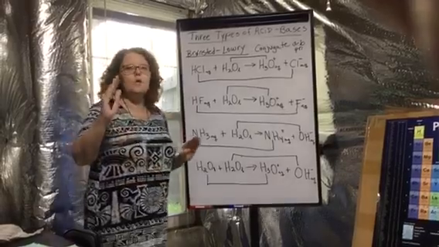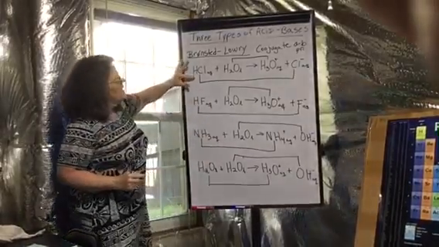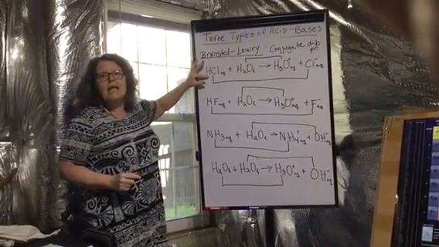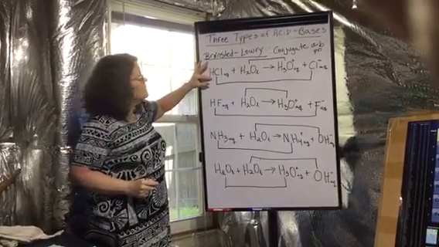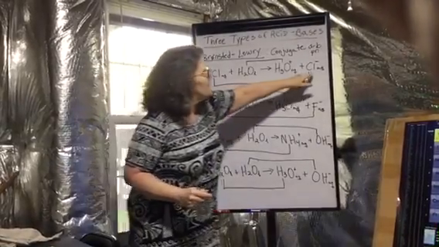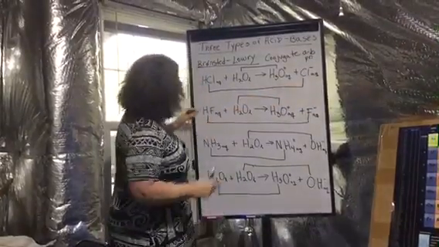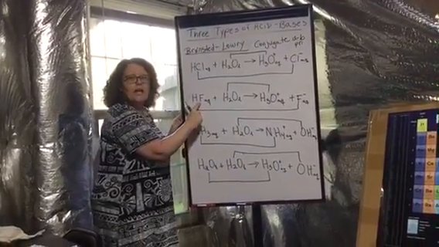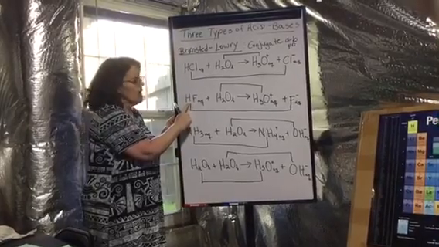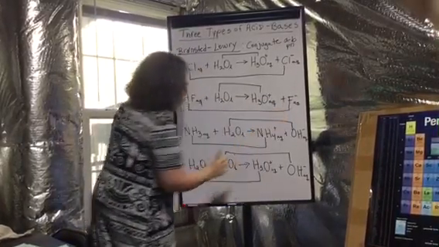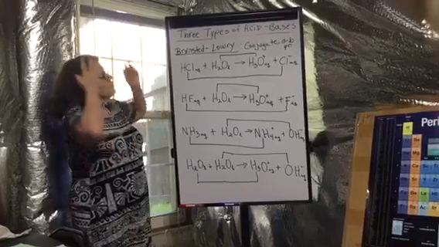Now, the key word is can. HCl, hydrochloric acid, can donate a proton, can donate a hydrogen ion. How do I know? Well, it did, right here. HF, hydrofluoric acid, can donate a proton, a hydrogen ion. How do I know? It did. Let's stick with these two for the moment.